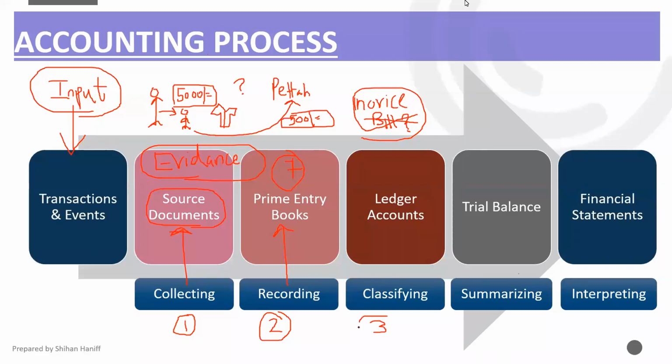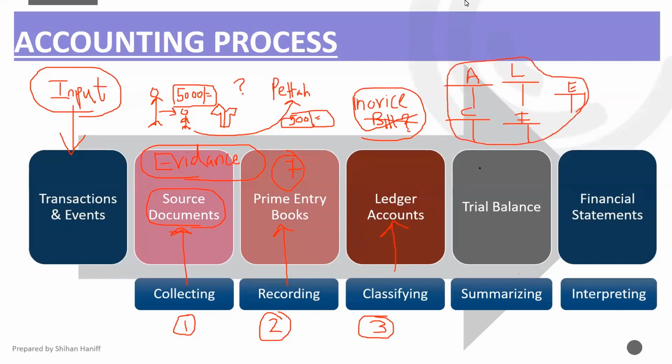In the third step, we classify them in ledger accounts, T accounts, using the double entry principle. There are 5 types of ledger accounts: assets, liabilities, capital, income, and expenses.